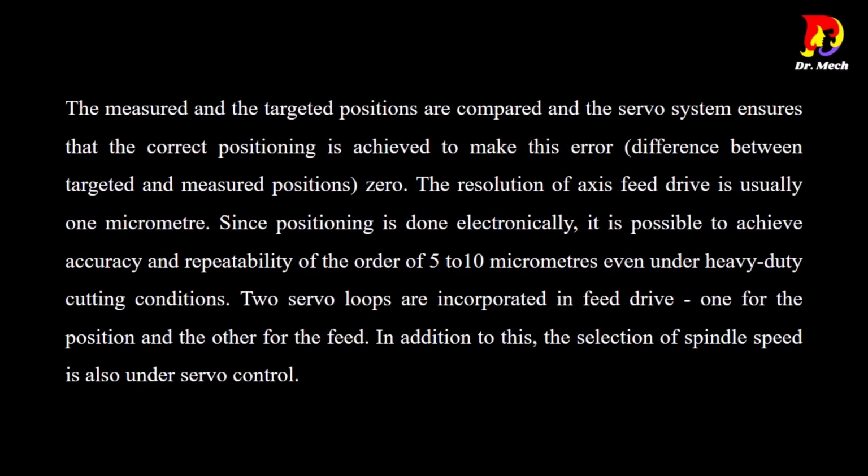Since positioning is done electronically, it is possible to achieve accuracy and repeatability of the order of 5 to 10 micrometers, even under heavy-duty cutting conditions. 2 servo loops are incorporated in the feed drive, one for the position, and the other for the feed. In addition to this, the selection of spindle speed is also under servo control.